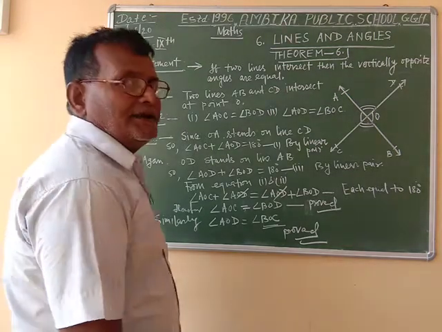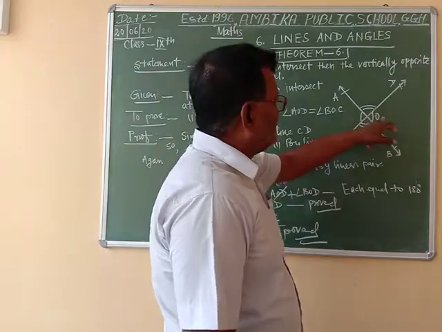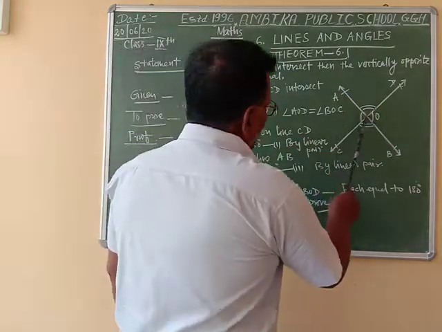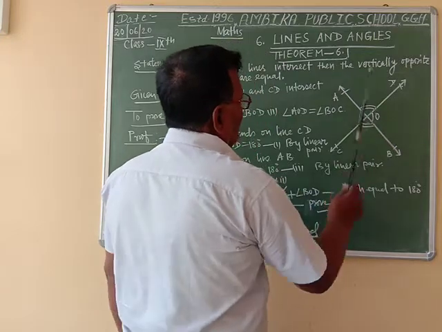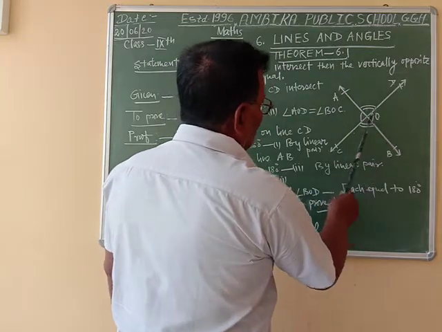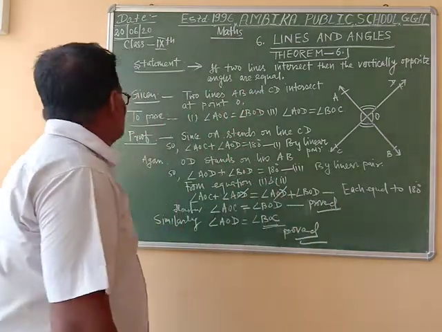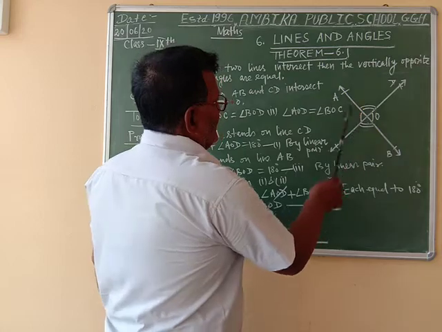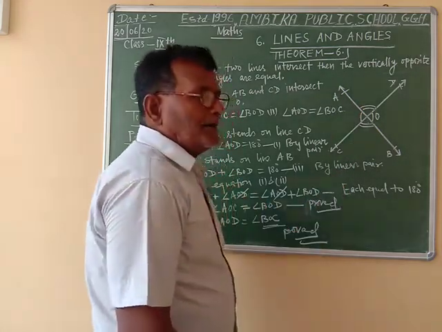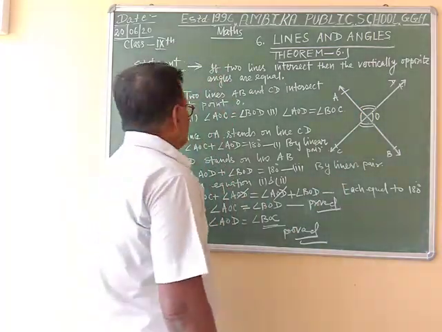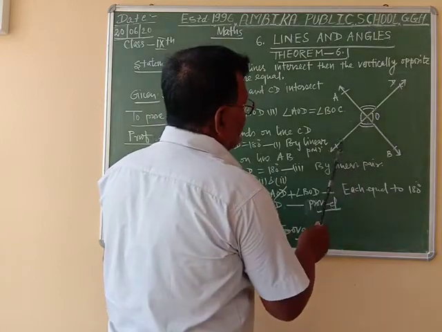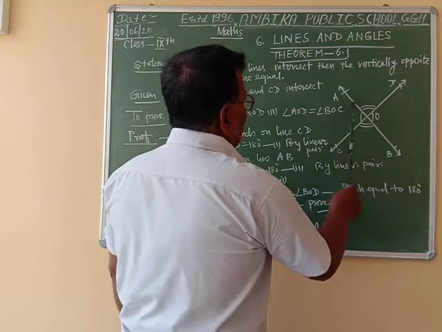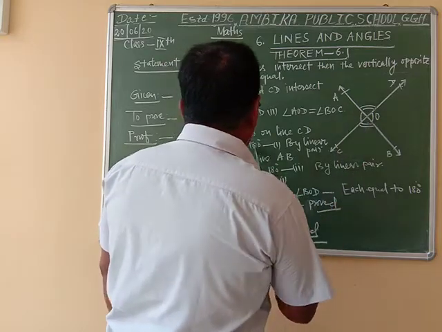Here AB and CD are two lines which intersect at point O. So we have to prove that angle AOC is equal to angle BOD and angle AOD is equal to angle BOC. Proof: since OA stands on line CD, so angle AOC plus angle AOD is equal to 180 degrees.